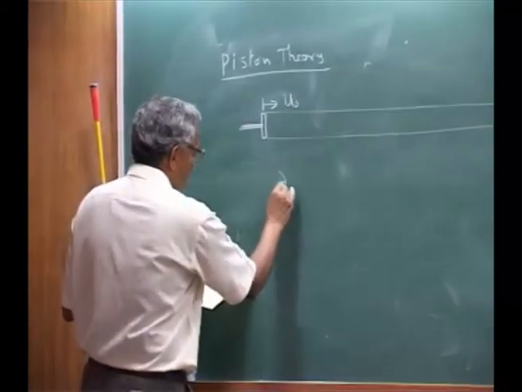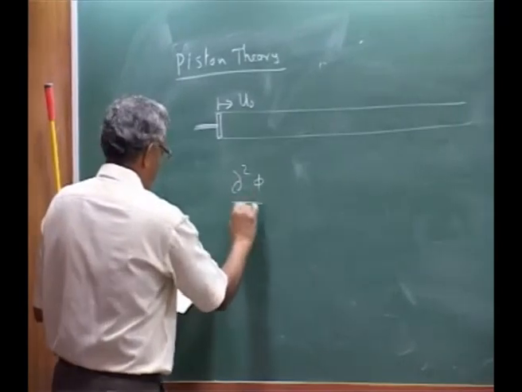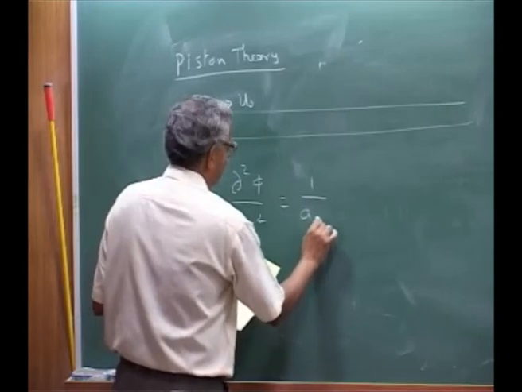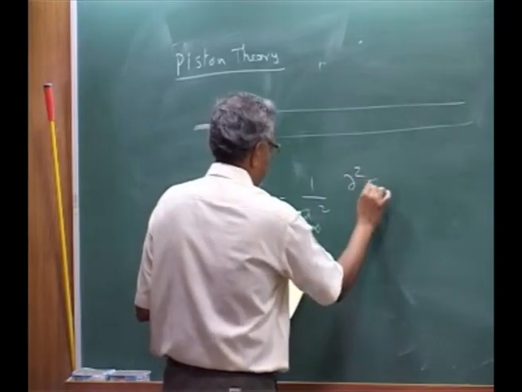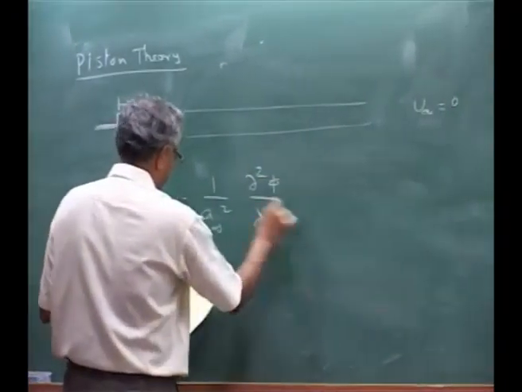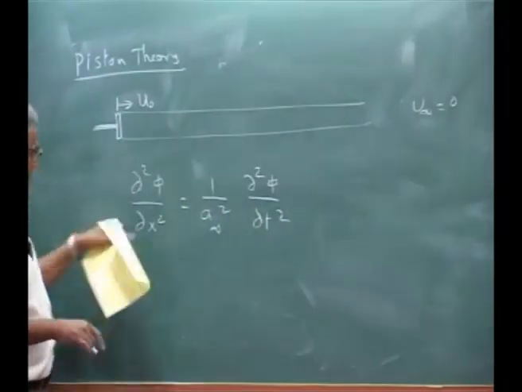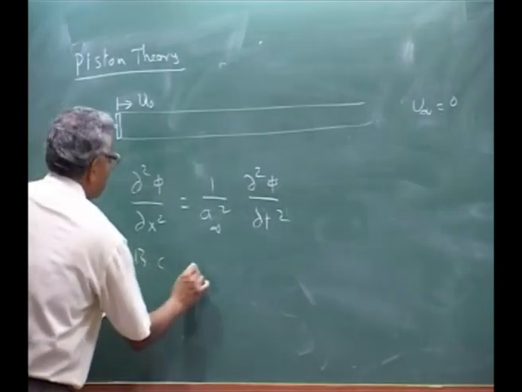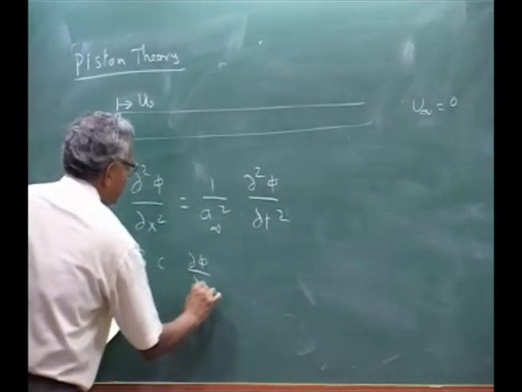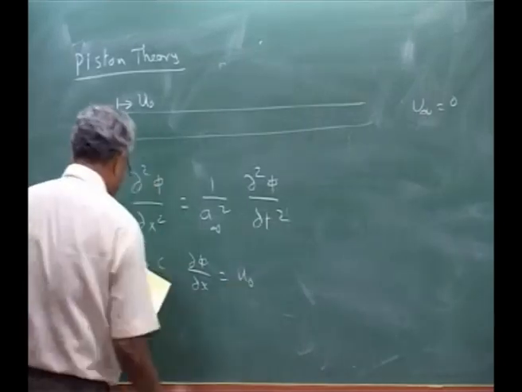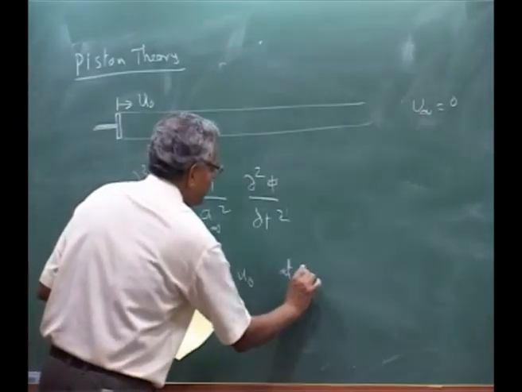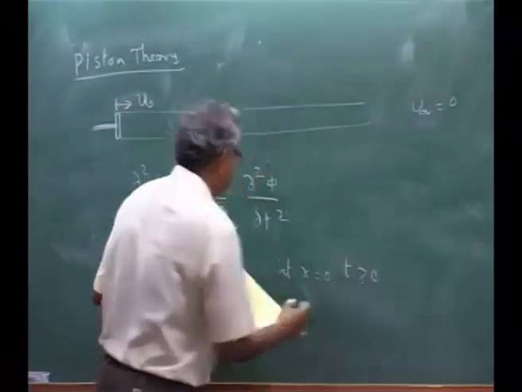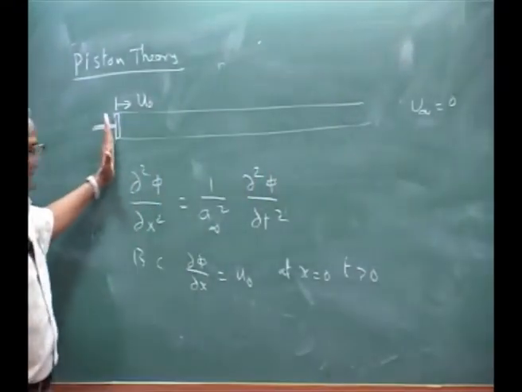So it is a one-dimensional potential flow problem with boundary condition delta phi over delta x equals u naught at x equals 0 for t greater than 0, because x equals 0 is this part.